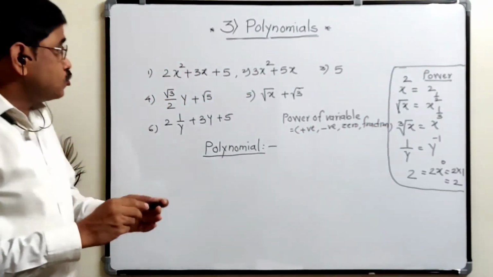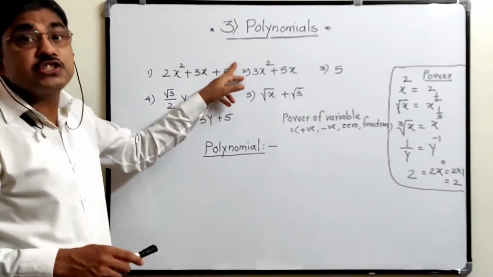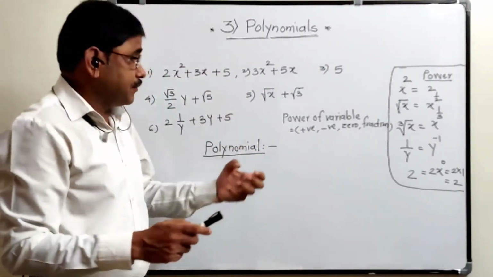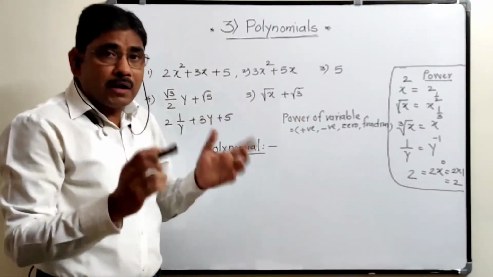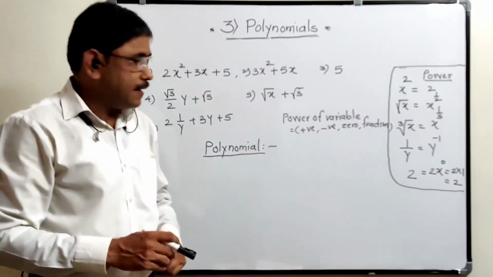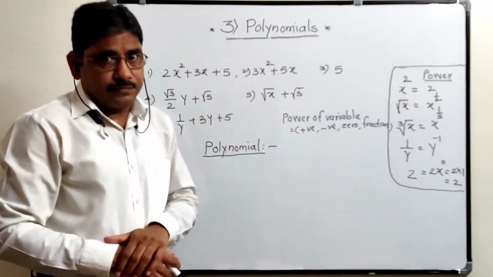That means जो पावर है ये x रेस टू 2, यहाँ पे x रेस टू 1, यहाँ पे x रेस टू 0, यानी कांस्टेंट टर्म मींस 0. तो we have to see whether the power of that variable is positive. पॉजिटिव यानी अगर 2 है तो पॉजिटिव आ गया, नेगेटिव 0 या फ्रैक्शन.